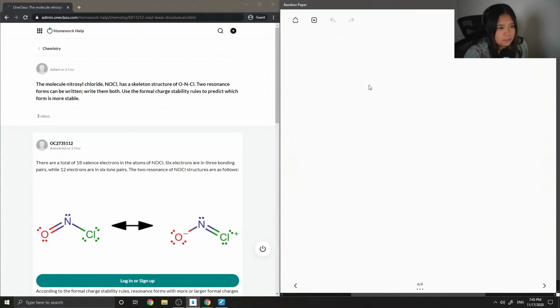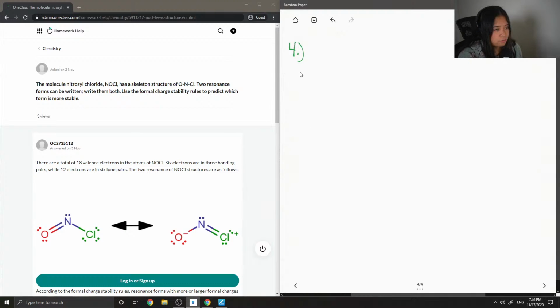Okay, so on to question 4. The molecule nitrosyl chloride, NOCl, has a skeleton structure of ONCl. Two resonance forms can be written. Write them both. Use the formal charge stability rules to predict which form is more stable.